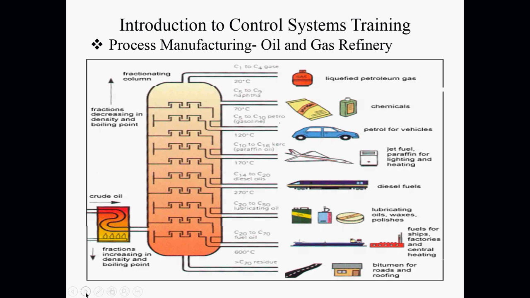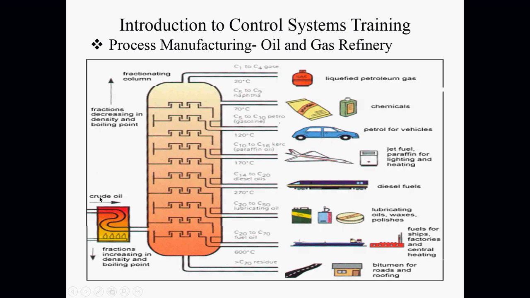So what we can see here is a column, right? And as the name suggests, a fractional distillation column. It's a distillation column in which your crude oil is input from one side, and it is distilled to obtain different products out of the raw material, that is your crude oil.